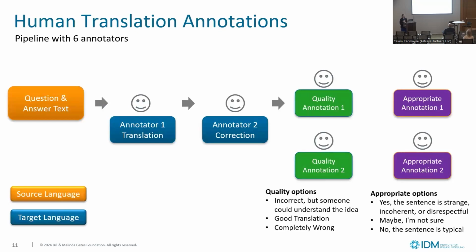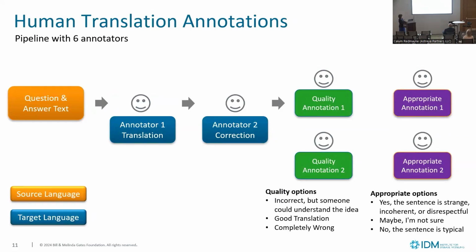And then there are 4 annotators that give a quality label or an appropriateness label. And examples of what these labels look like are given here. So these are categorical labels.